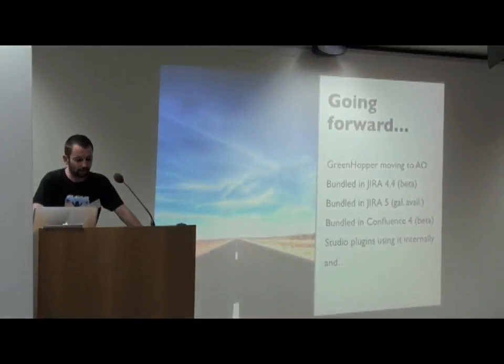So I guess the question now is, okay, when can I use it? When can I start playing with it? What's your roadmap? Well, first, the Greenhopper team inside Atlassian is starting to have a play, and they did a first spike a few weeks ago of how they would migrate Greenhopper onto Active Objects.